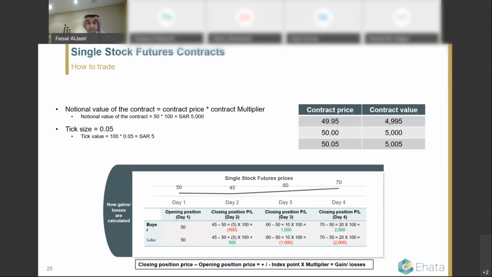The idea is exactly the same. So when we say a multiplier of 100, it means it's almost like you're taking a position in 100 stocks. This is the price of one stock, and you're taking a position in 100 units.